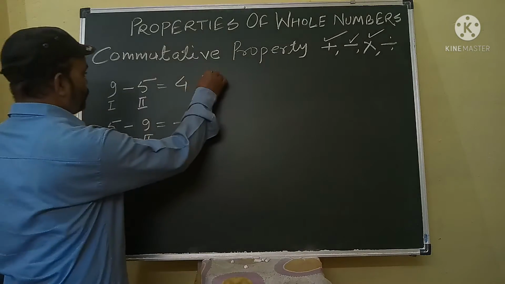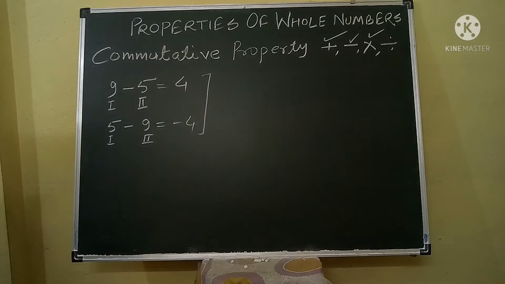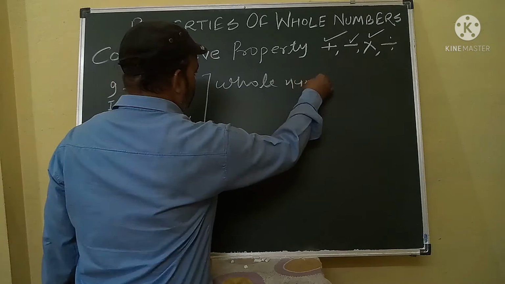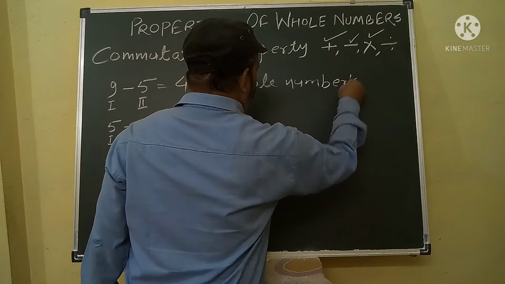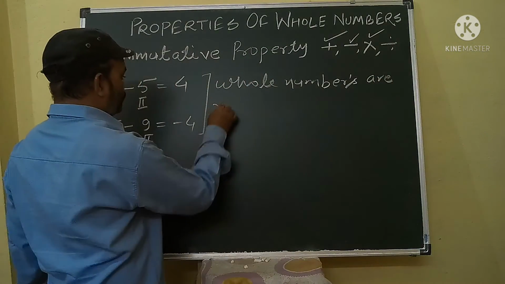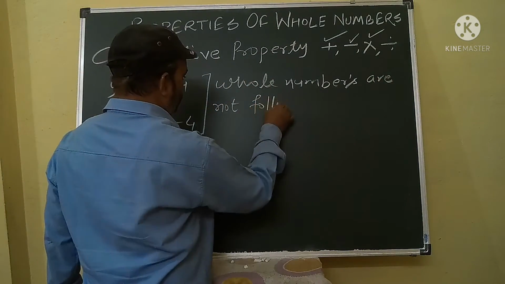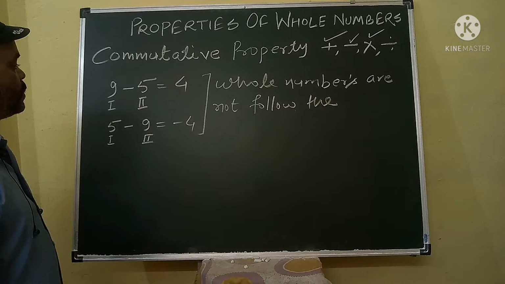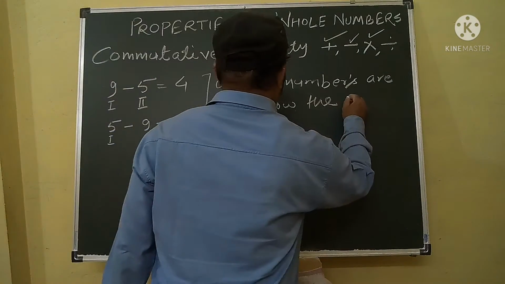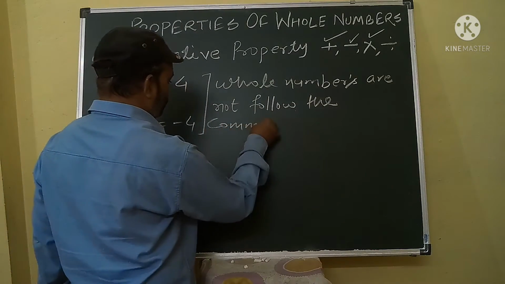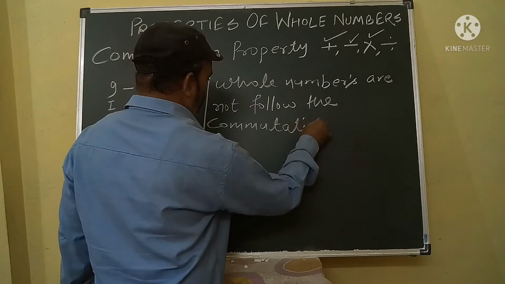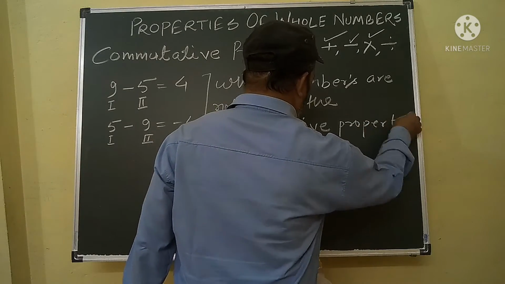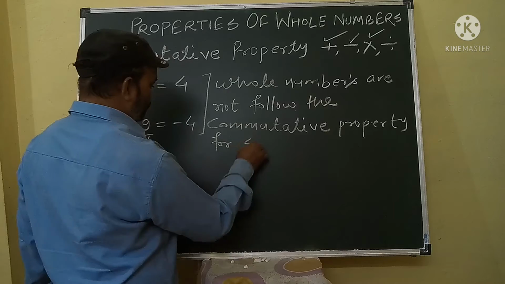That means whole numbers do not follow the commutative property for subtraction.